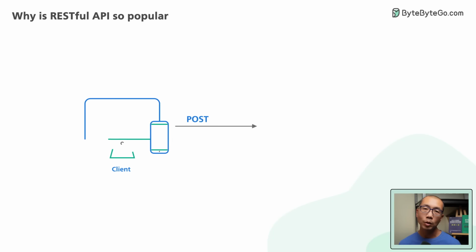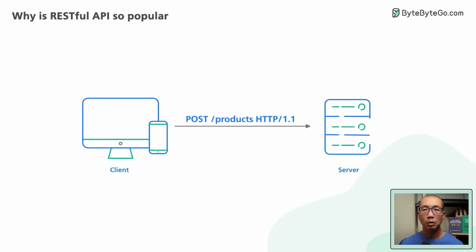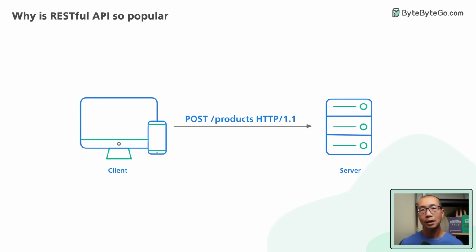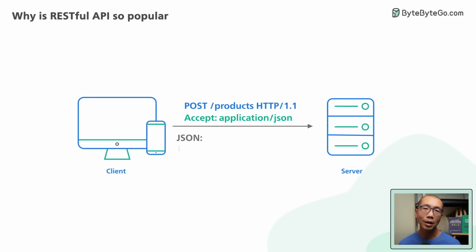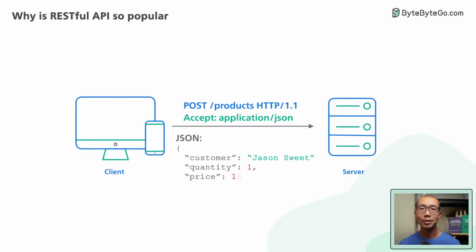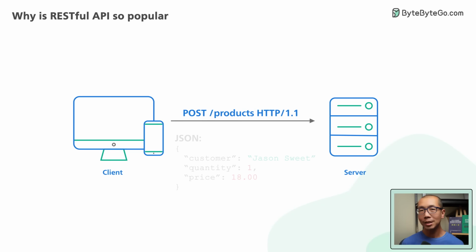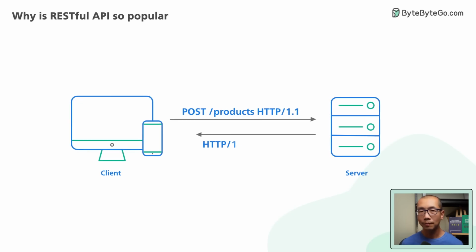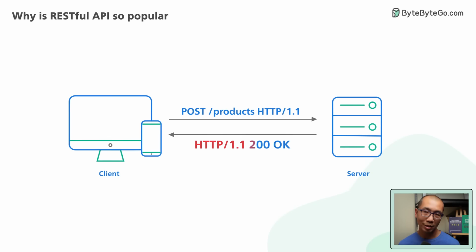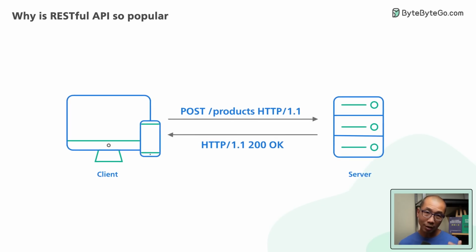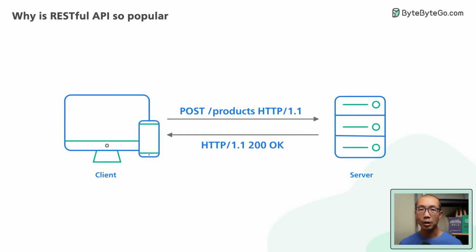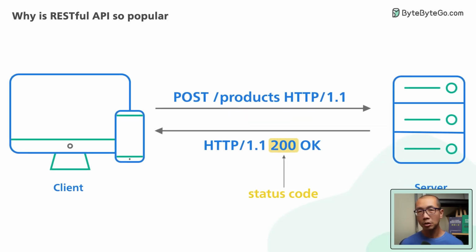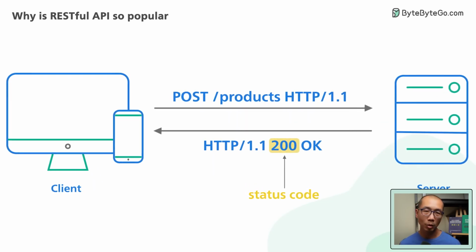In the body of these requests, there could be an optional HTTP request body that contains a custom payload of data, usually encoded in JSON. The server receives the request, processes it, and formats the result into a response. The first line of the response contains the HTTP status code to tell the client what happened to the request.